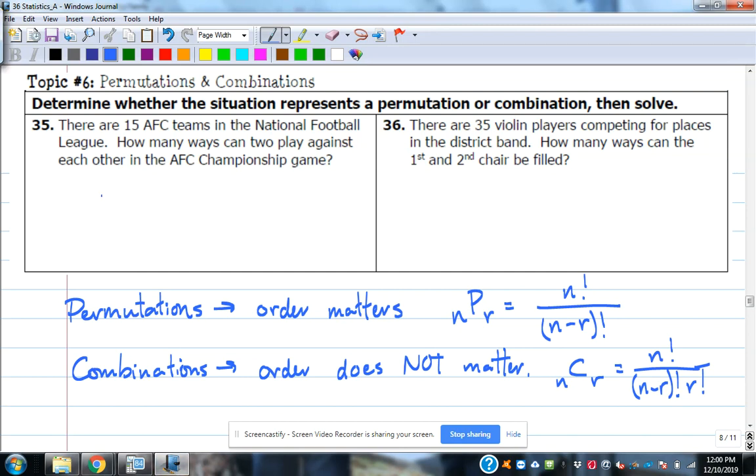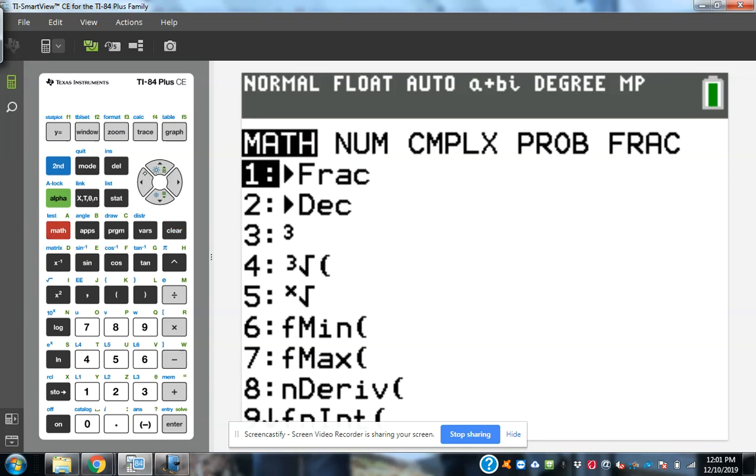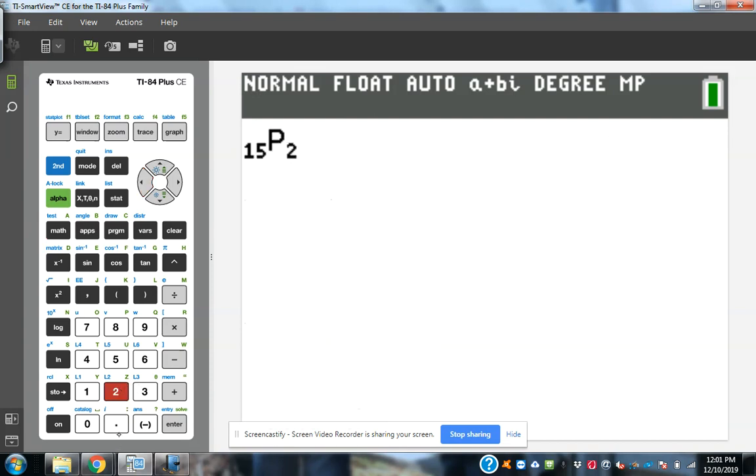So this is going to be a permutation. So it's going to be 15 permutation. How many teams play in a game? 2, right? So we're going to do 15 permutation 2 because we're picking 2 teams. So if your calculator doesn't have the boxes, you're going to want to type the 15 first. So type 15, hit math, go over to probability, get your permutation, and then you'll type 2 after that.